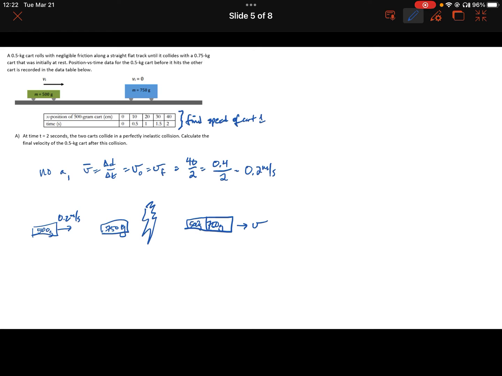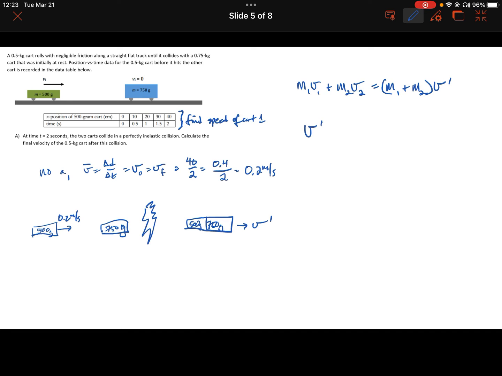So in this case, what we should see is that the initial momentum of the 500 gram cart plus the initial momentum of the 750 gram cart should equal the combined masses times this final velocity after the collision. And this is the variable that we're looking for.